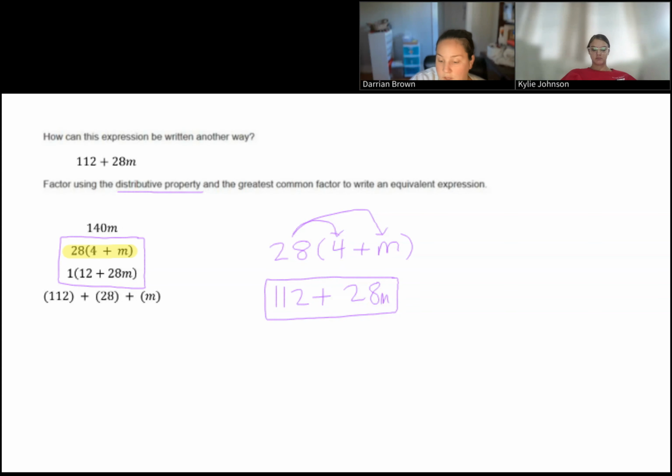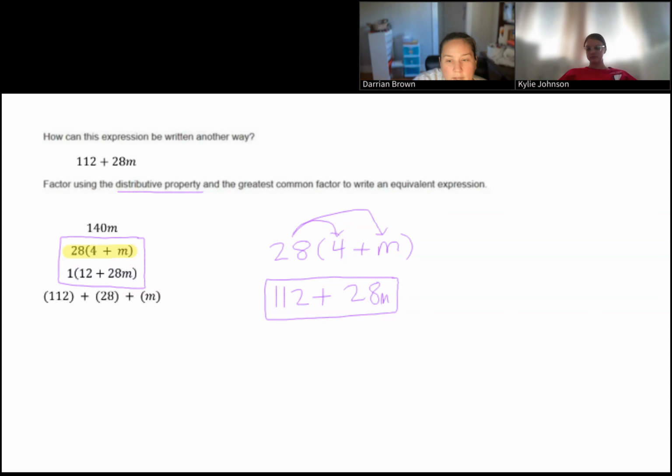The other way you can totally do it, if you're somebody who likes factoring, I've never met somebody who likes to factor in my life, but if you're that person, feel free to list out those factors. Remember, factors are the numbers that divide the original number evenly.